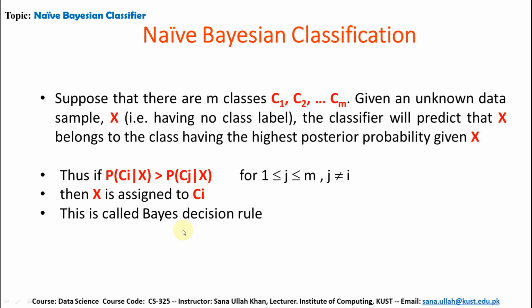This is called the Bayesian decision rule. In the Bayesian classifier, we see the probability of each class and then compare. When the probability of one class is greater than the other, we put the test data into this class.